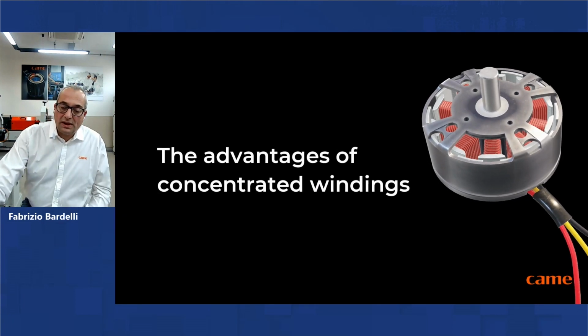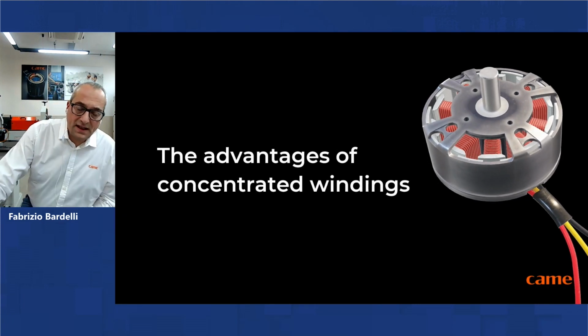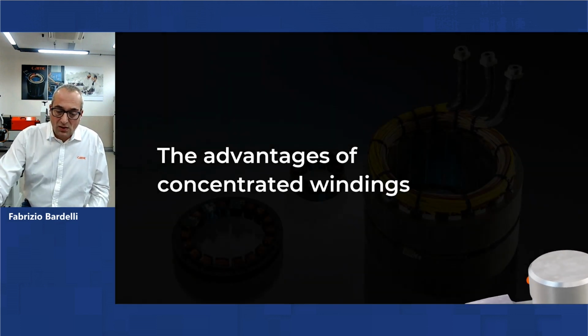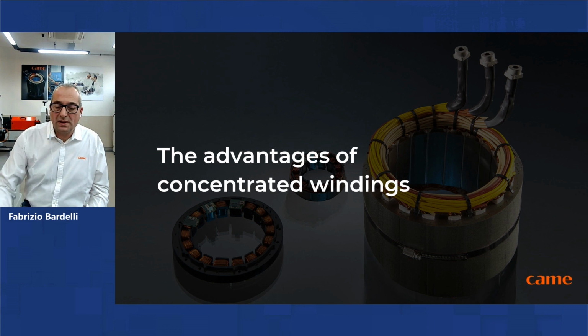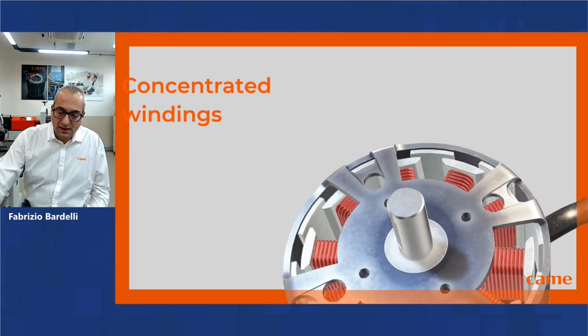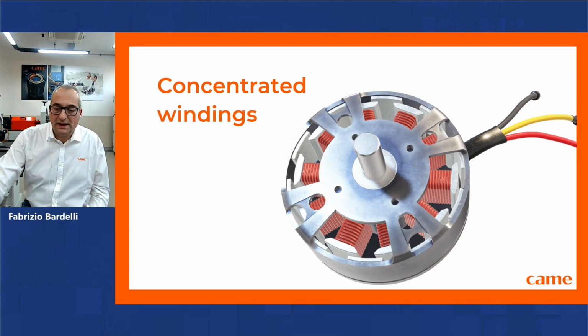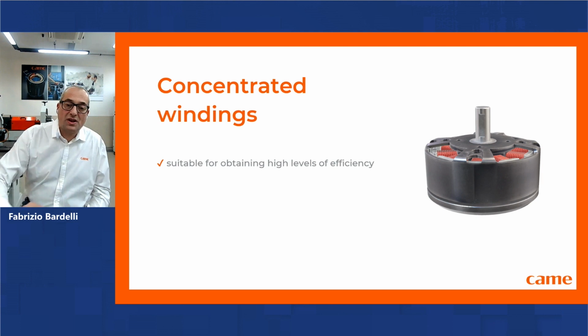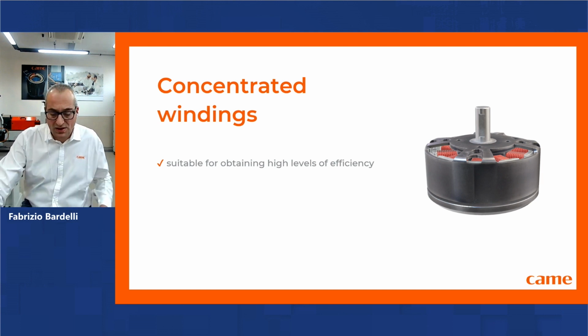Now we're going into the second solution, which is the concentrated windings. With concentrated windings, I'm speaking basically of brushless stators. Again, here I will give you a list of the main advantages and disadvantages.